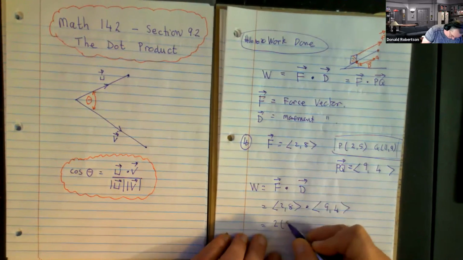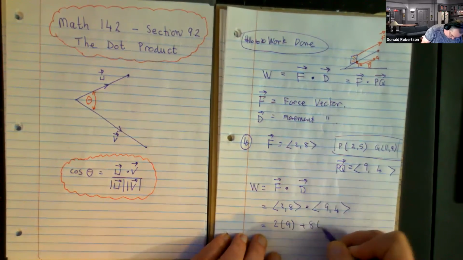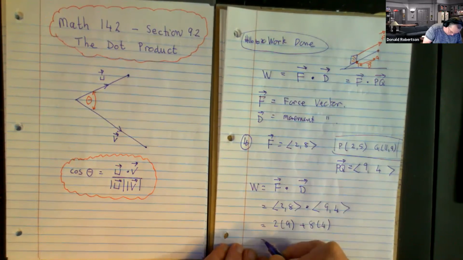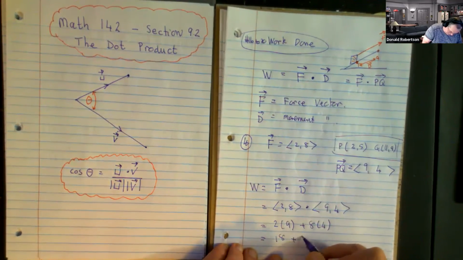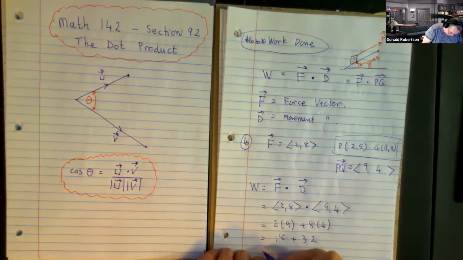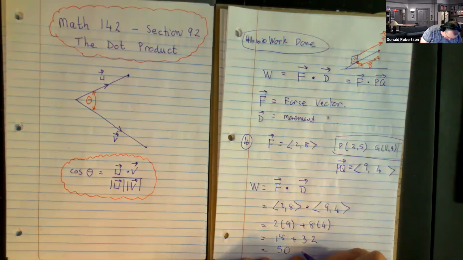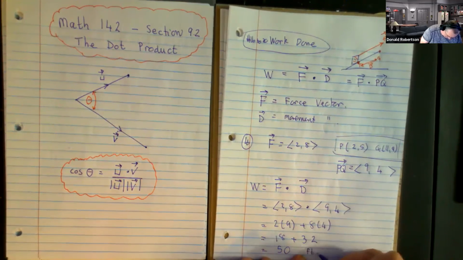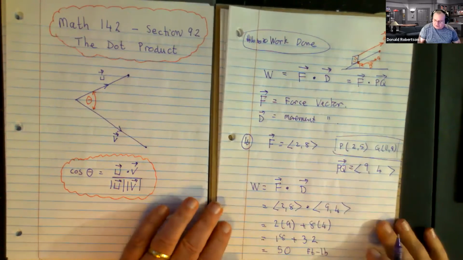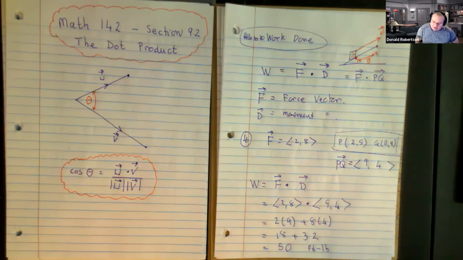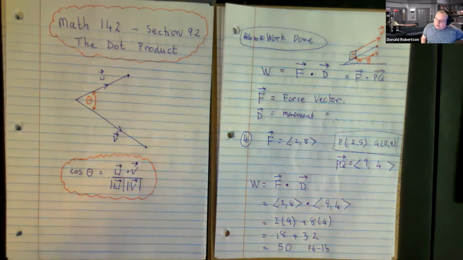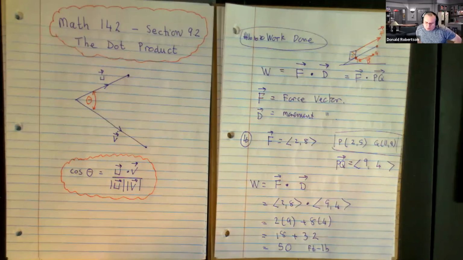And the dot product is 2 times 9 plus 8 times 4, which I make 18 and 32. So I get 50. And there are units that you don't need to worry about because WebAssign tells you the units. But if you're interested, the units are foot pounds, or at least in America they are. I believe if you go metric, Newton meters, I think, are the units for work done.